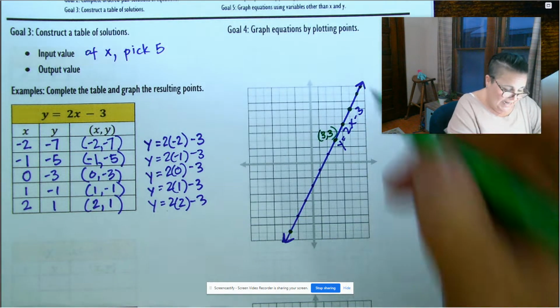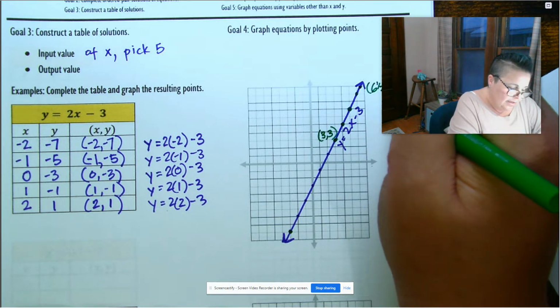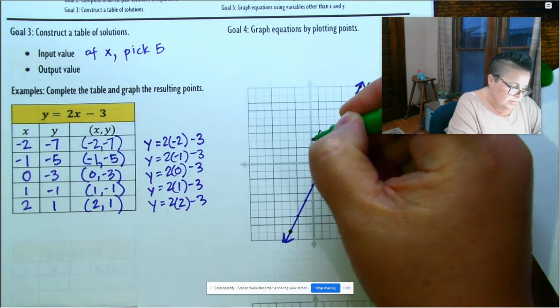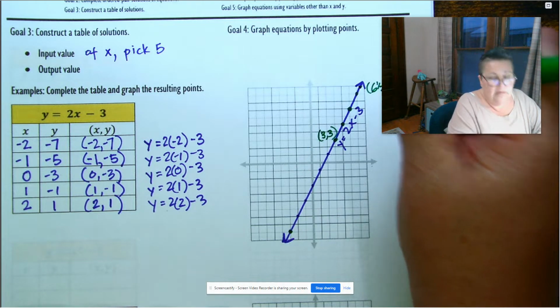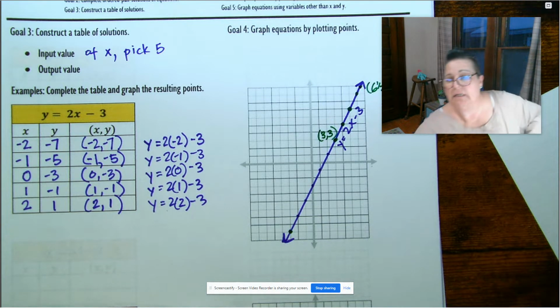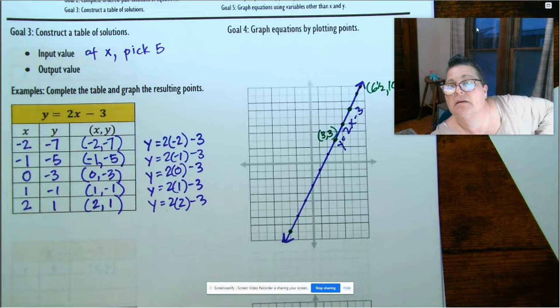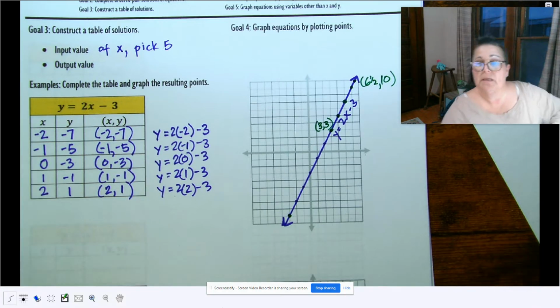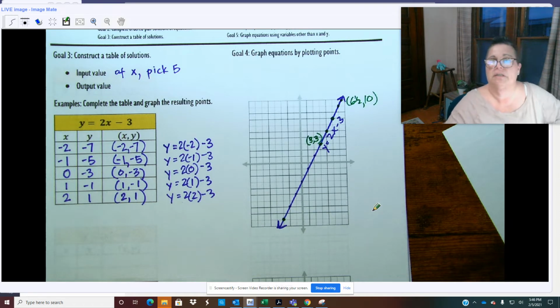If I go 6 and a half and then I go up and meet that line, I'm at the point 6 and a half, 1, 2, 3, 4, 5, 6, 7, 8, 9, 10. So 6 and a half, 10 should be a solution to this equation. Even though I did not necessarily check that, I know that that should be a solution to the equation.